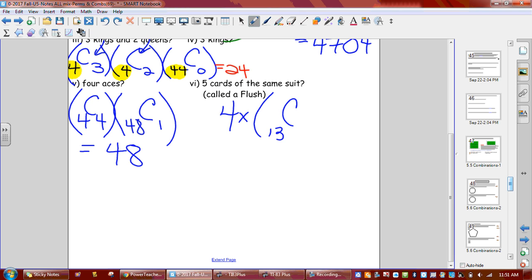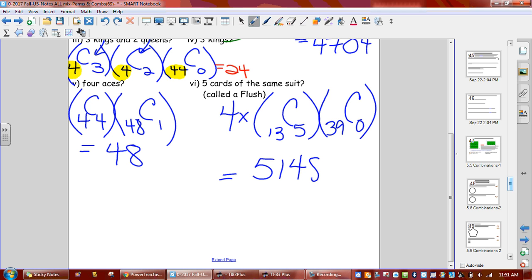So we're going to get 4 times 13 choose 5 and 39 choose 0. The grand total, 5,148 after you multiply it by 4. You have to multiply it by 4 because it doesn't tell you which specific suit. Okay? Any questions so far?